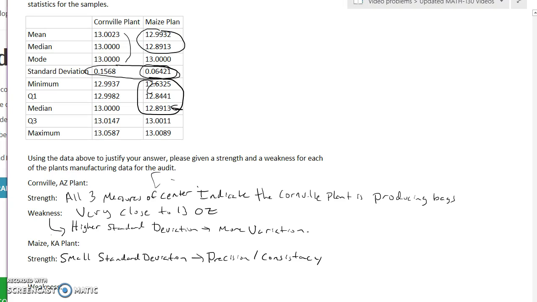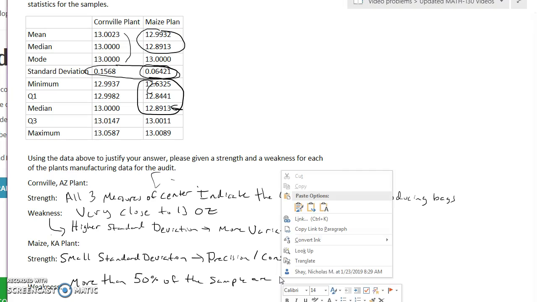That means that more than half, or at least half of the sample, are under 13 ounces.